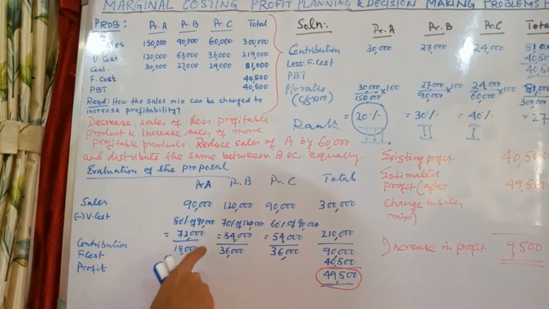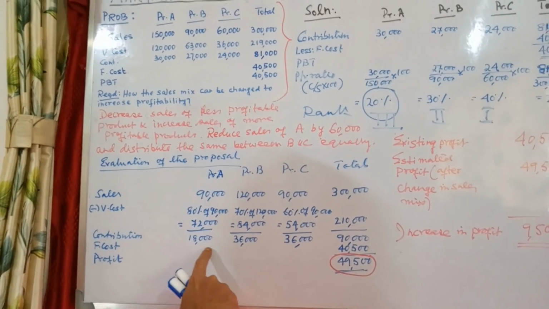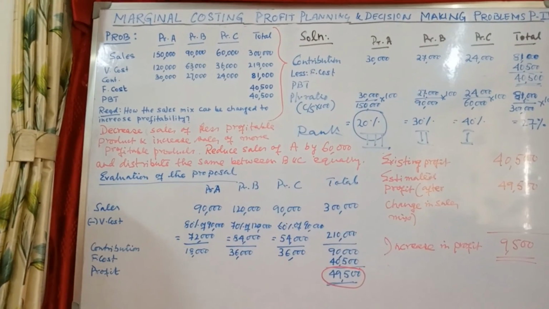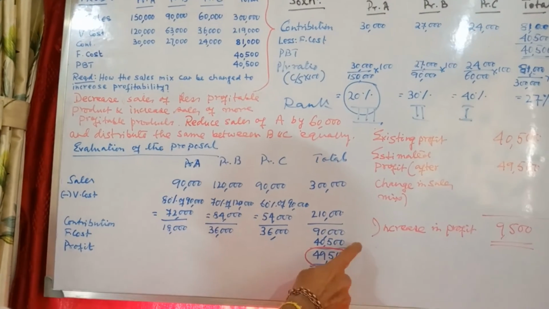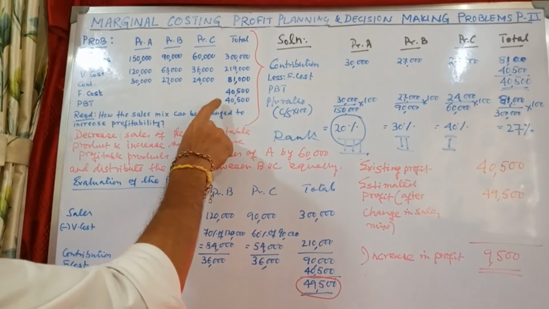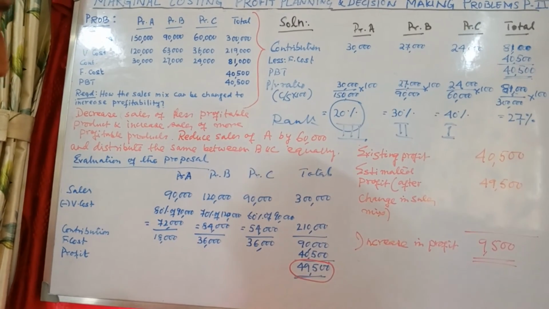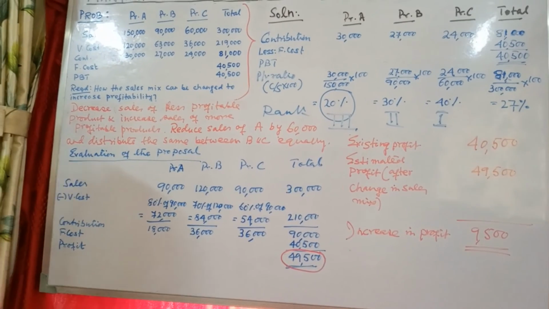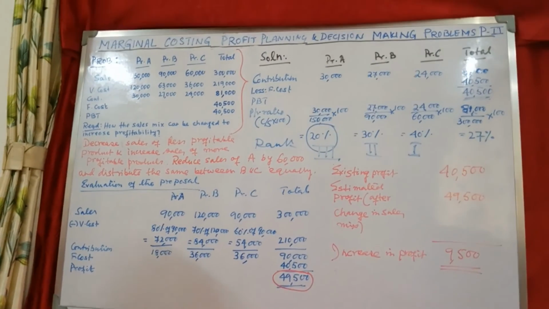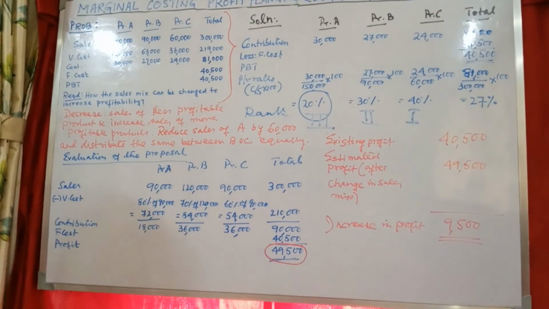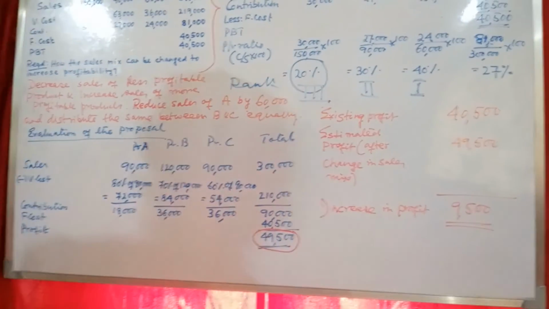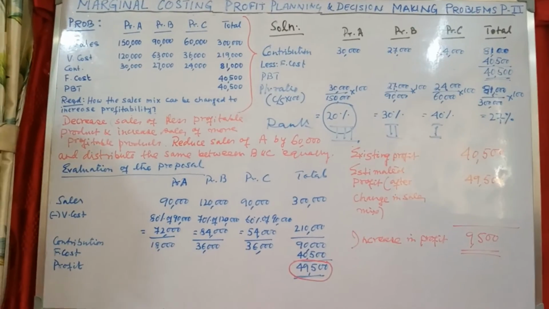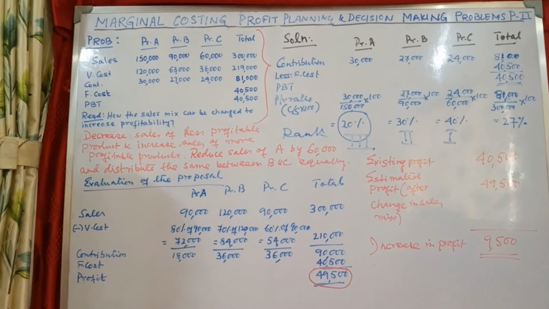We have deducted the variable cost from sales and found out the contribution per product line as well as total contribution, and we have deducted the total fixed cost that has remained unchanged, 40,500. So total profit is 49,500. So the profit after implementing the decision is expected to increase by 9,500. Hence, the management can implement the decision to increase overall profitability of the firm.